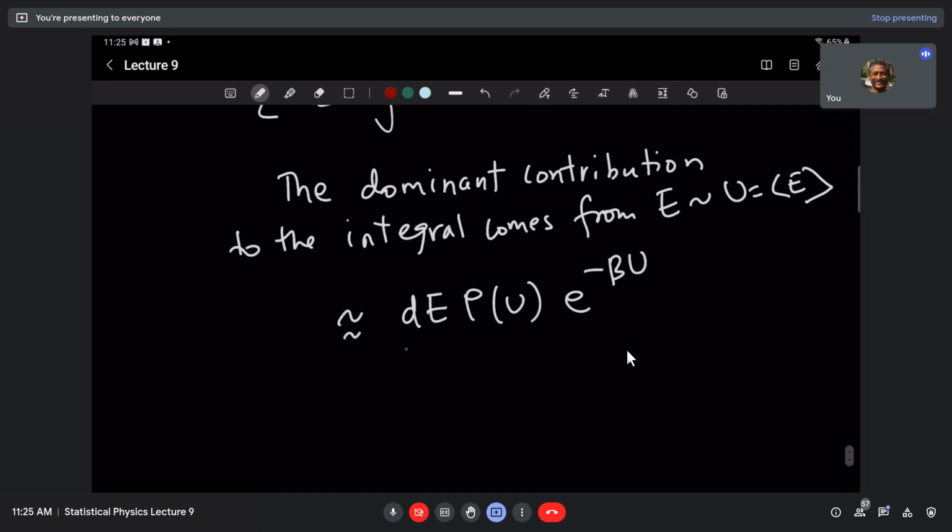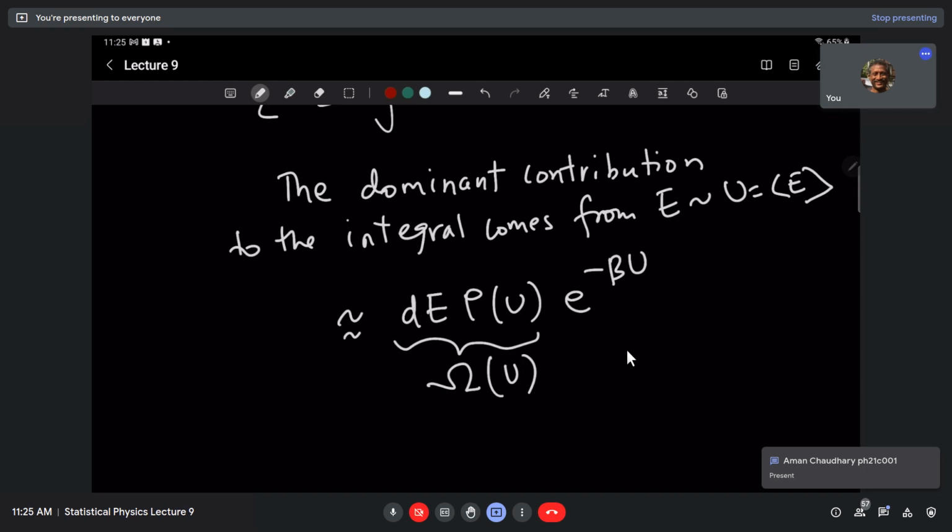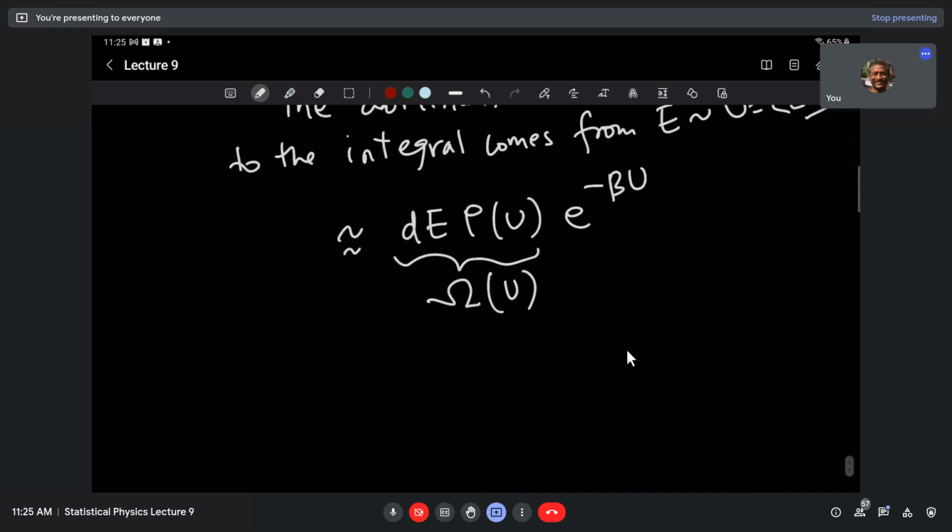I'll call this quantity omega of U, because this is the density of states which are accessible in the small neighborhood around this point. It's very sharp. So we get a nice formula which says that Z is approximately equal to omega of U, e power minus beta U. Let me pause here.